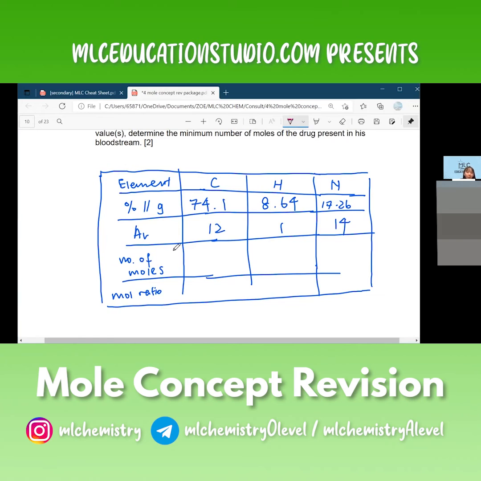The third one, number of moles. Number of moles is known as mass over AR, mass over MR. So in this case, this on top divide by the one below. We don't care whether it's a percentage or mass. No matter what, just the first one divided by the second one, and you get number of moles.